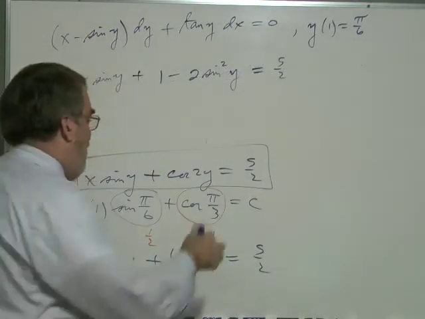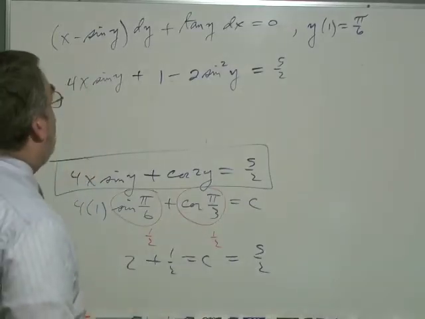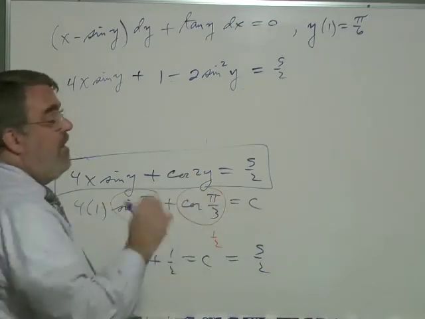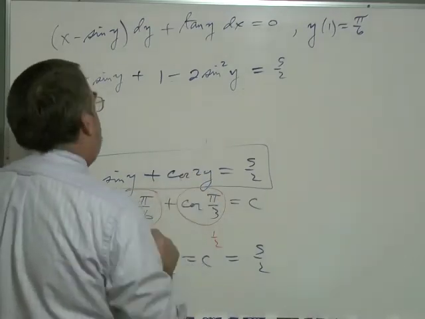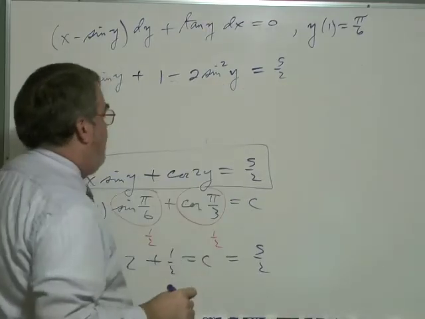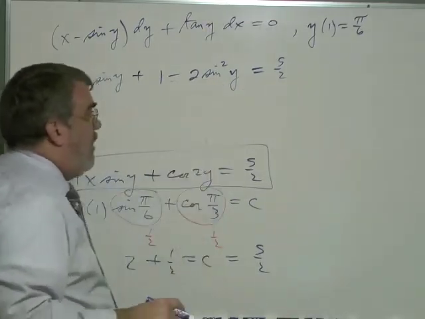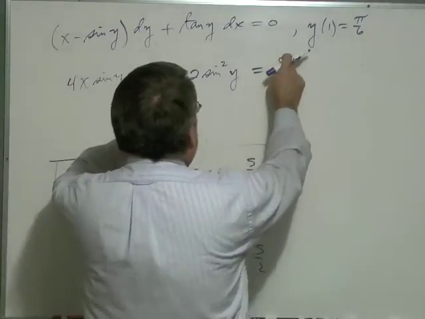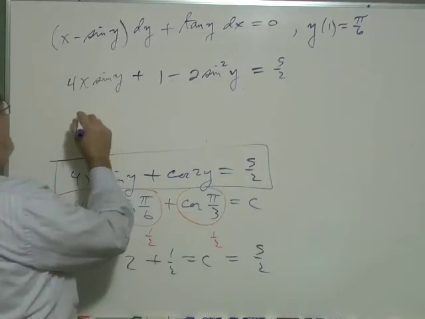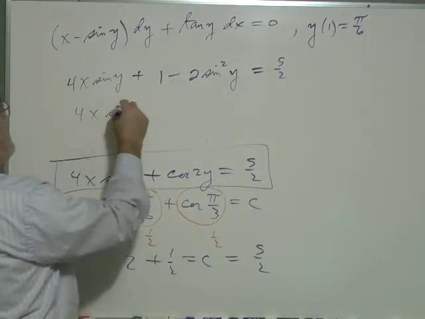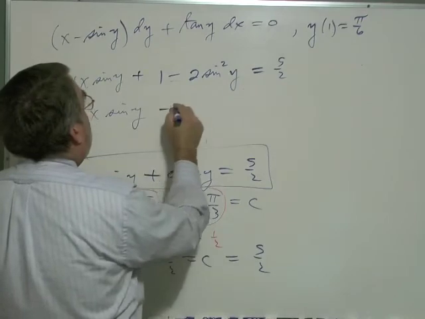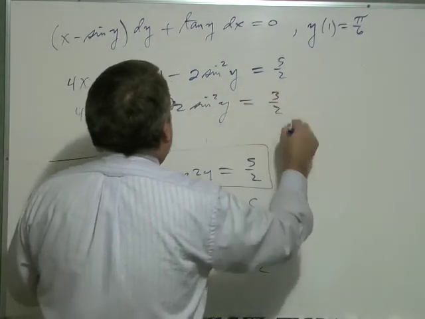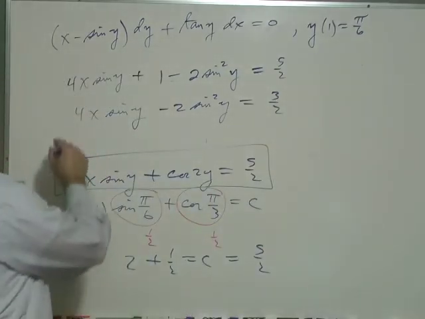So we're trying to see if our answer matches the textbook answer. And I used the double angle identity for cosine 2y. One of those identities is 1 minus 2 times sine squared y. So I'll replace this with 1 minus 2 sine squared y. And if we subtract the 1 from both sides, 5/2 minus 1 is 3/2. So I end up with 4x sine y minus 2 sine squared y equals 3/2. And now let's multiply by 2.